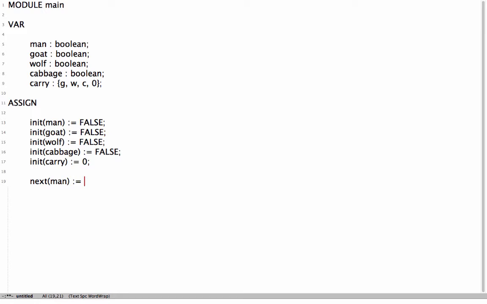See, the man can either choose to stay in the same bank or he can choose to go to the next bank. There is a non-deterministic choice for him. We write it like this: the next value of man is either true or false. Even if we had not written it, it's fine, but we are making it explicit, saying that the next of man is either true or false.